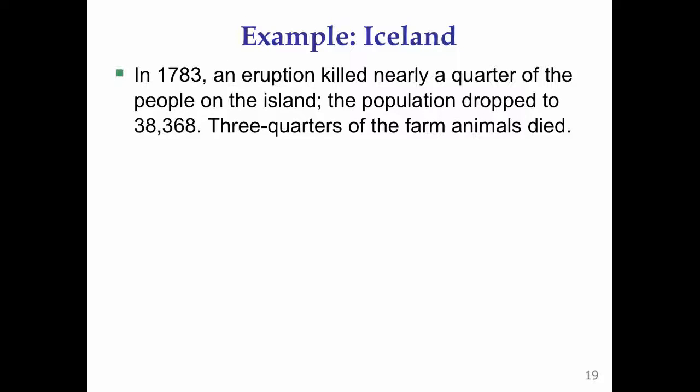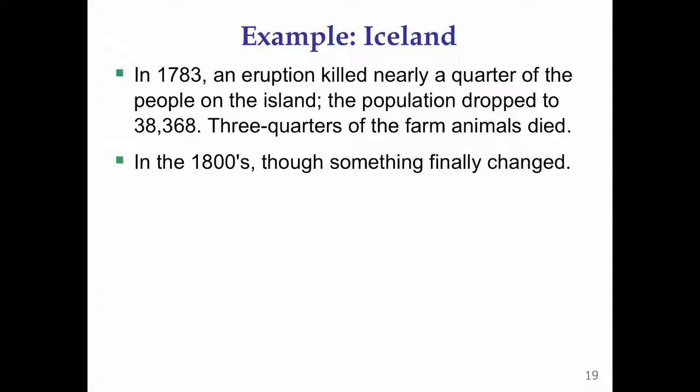And so, do we see that in reality? Well, if you look at the example of Iceland, we can kind of see this, that a long time ago, they had a volcanic eruption that killed about a quarter of their population.